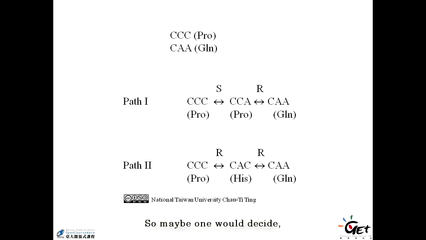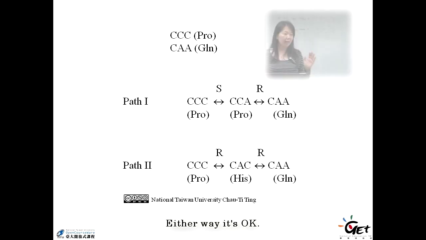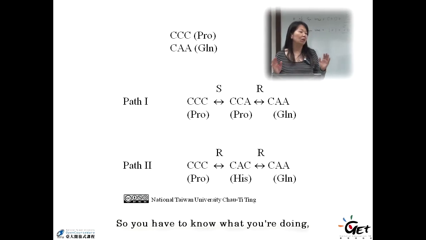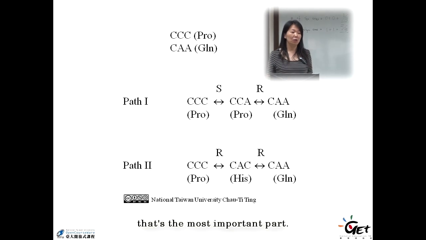So maybe one would decide path one is more likely to occur evolutionarily than the second path. So we'll say, okay, let's give path one 0.7, then path two 0.3. They add up to 1, right? Then that's like a weighting method. I weight one of the possibilities heavier than the other one. So I have a weighting between the two possibilities. Either way is okay. Yeah, so you have to know what you are doing, and that's the most important part.